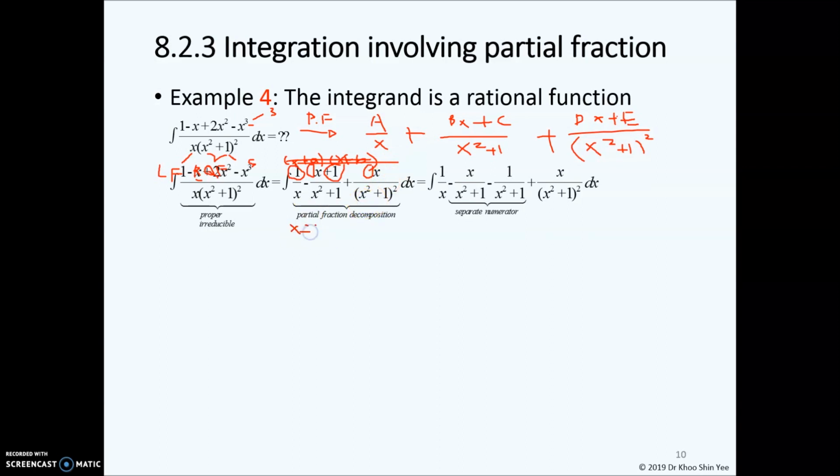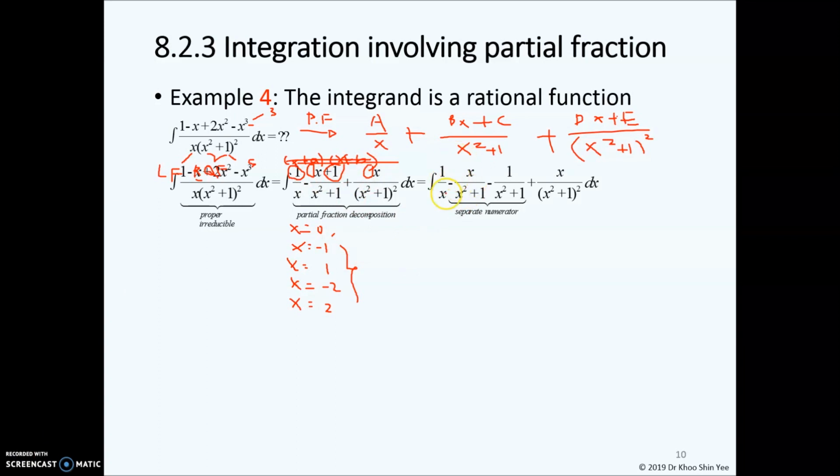In this case, I recommend you substitute based on here. X squared plus 1 here is a complex number, so you can put any value. To solve this, you need additional 2 equations. Let's say you substitute any value, so from here you have 4 equations. You solve it, you should be able to get this result.